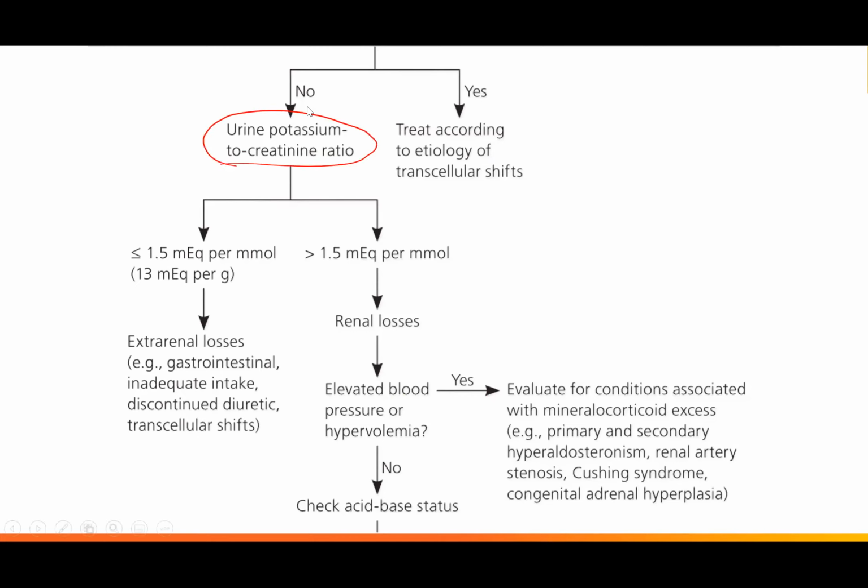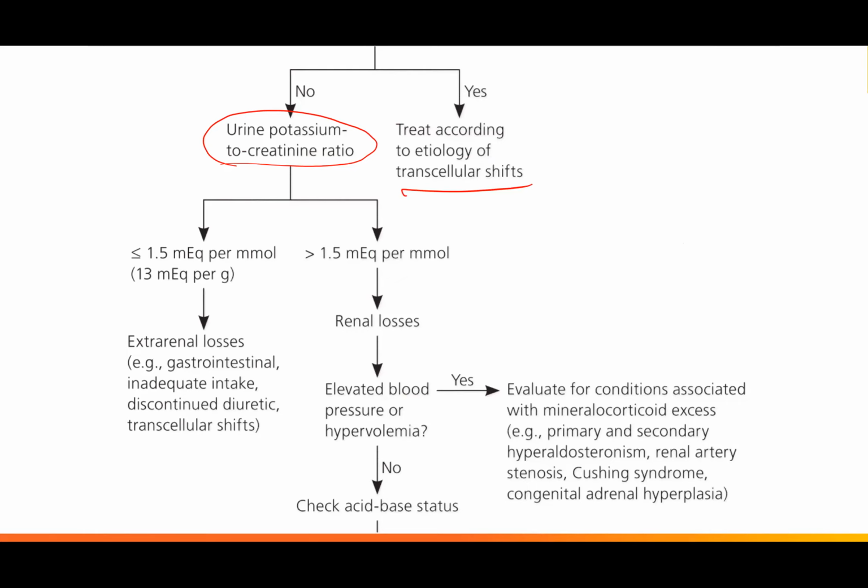If it is there, then treat the etiology of the transcellular shift, like mineralocorticoids, or diabetic ketoacidosis, whatever may be your cause of the transcellular shift, or use of beta adrenergic substances, or insulin, all those things.